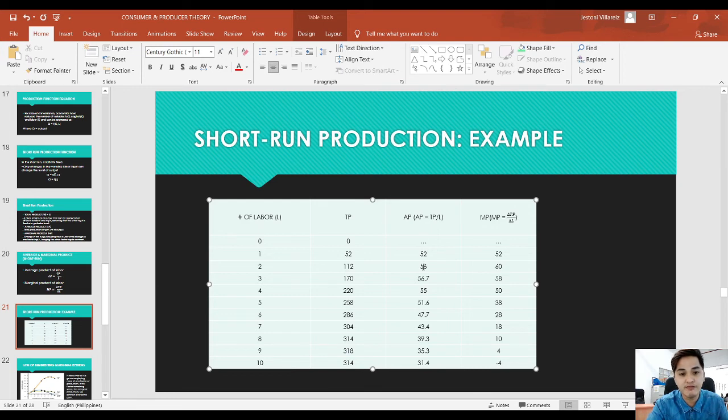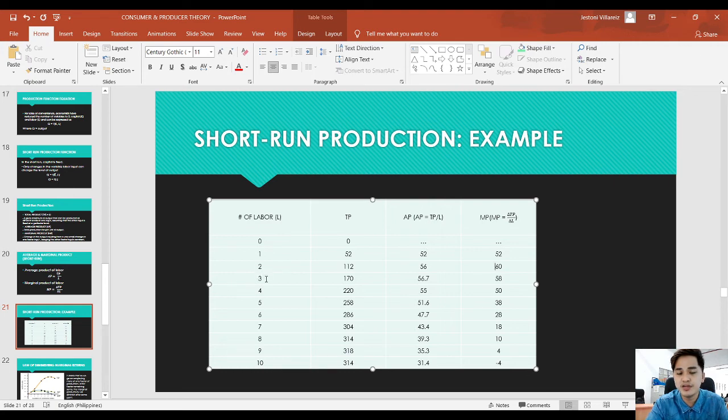So they are both productive. Then your marginal product, your output for adding additional labor from 1 to 2, increases from 52 to 60. So you have more output having two waiters.